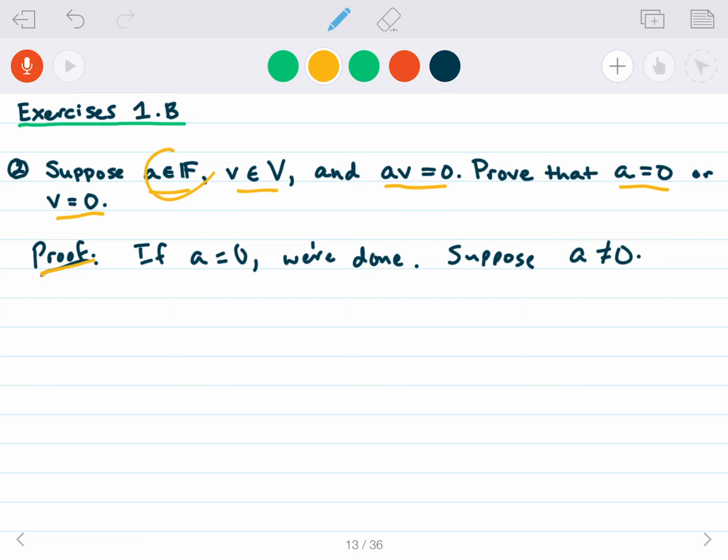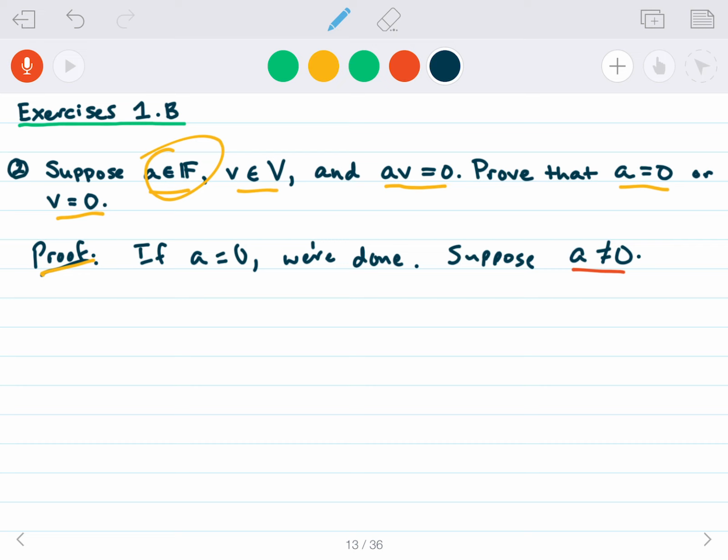Well, A is in our field, and one of our field axioms, which you should Google if you're not familiar with them, but it's basically just common sense, like what you would think would be true of the real numbers and the complex numbers, says that every non-zero number in a field has a multiplicative inverse. So since we're in a field and A is not 0, it has a multiplicative inverse.